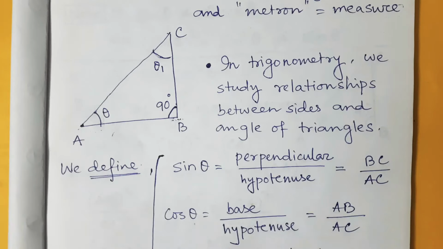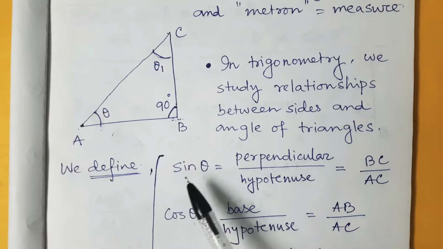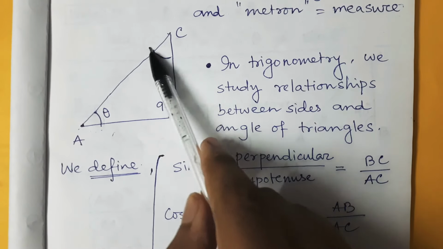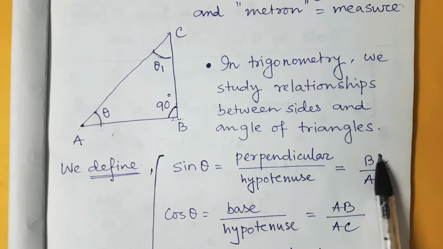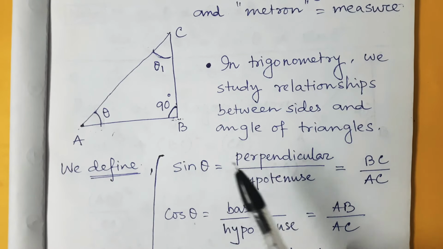But instead of this theta, if we say sine of theta 1, that means this angle, then this will not be the same as sin theta, because then everything is going to change.